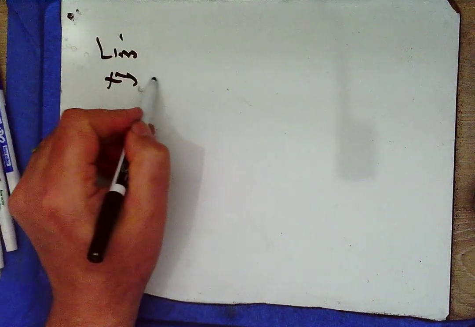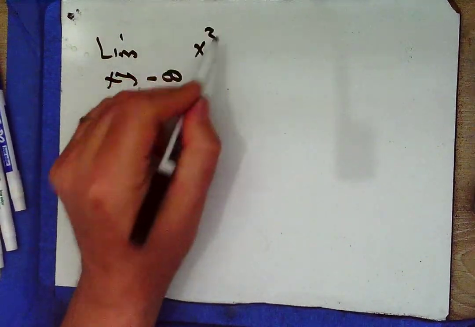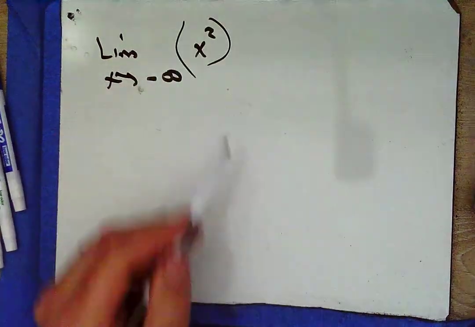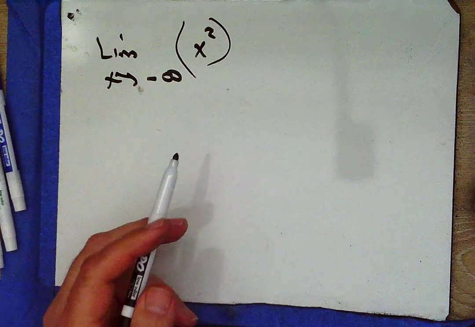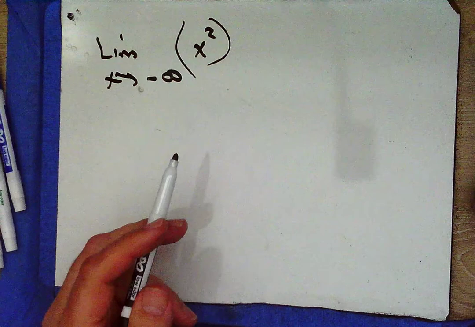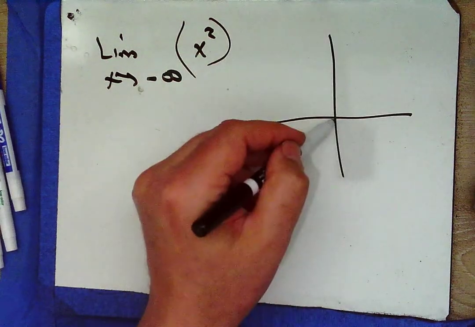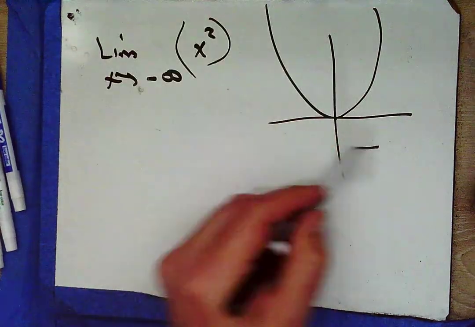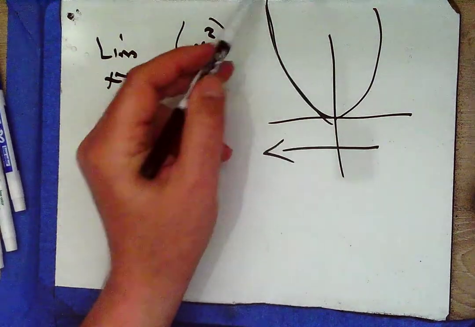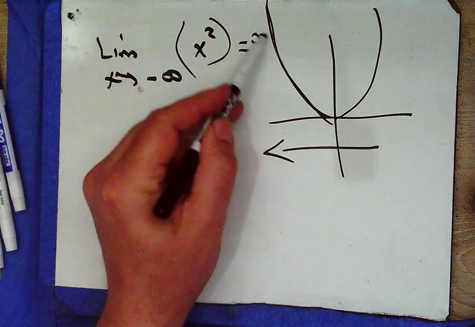How about this one? The limit as x heads to negative infinity of x squared. Now, I like to think you can know this graphically, right? Here's x squared. Here's as x heads to infinity, where's the function going? The function is going to infinity.